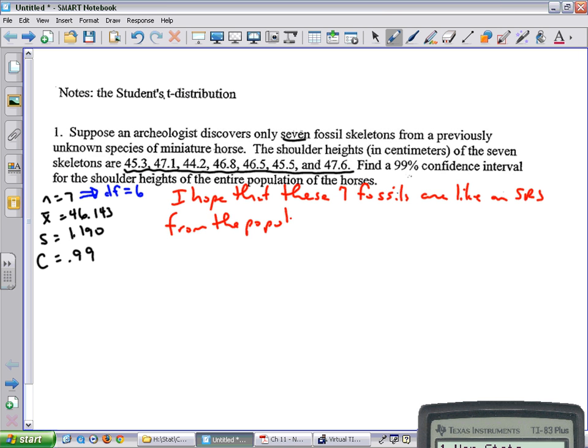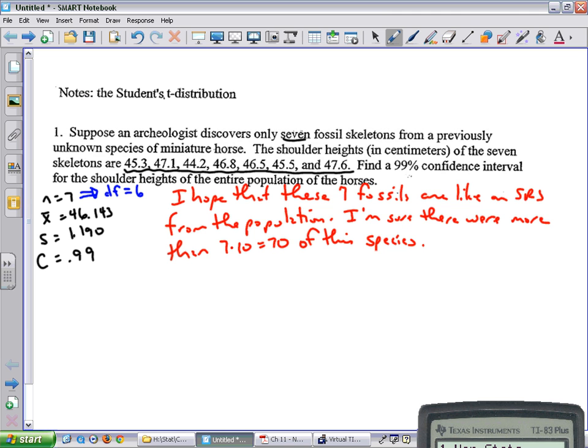I don't necessarily know that's the case, but all I found are 7 fossil skeletons, so I don't really have many options as far as this is concerned. I'm sure there were more than 7 times 10 equals 70 of this species of horse.